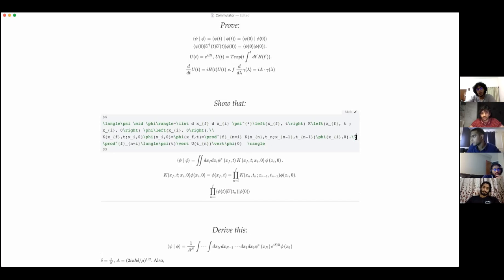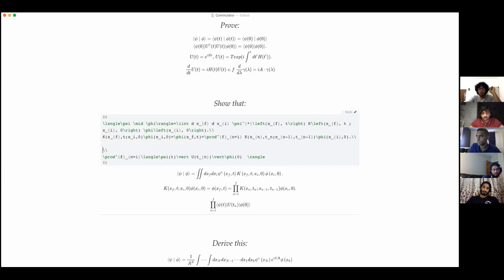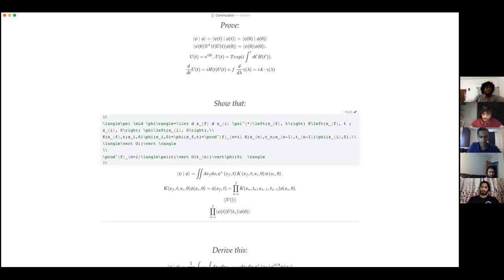Now, let me just clarify something before this gets confusing for anyone. When I said that the matrix elements, say I give myself some position eigenbasis, right? So I have x_i at t sub i. And remember, this is just a bit redundant because x_i is just x at t initial, which could be 0 for all you care.